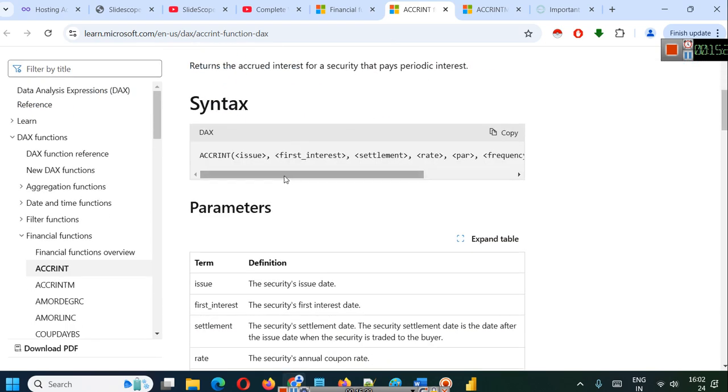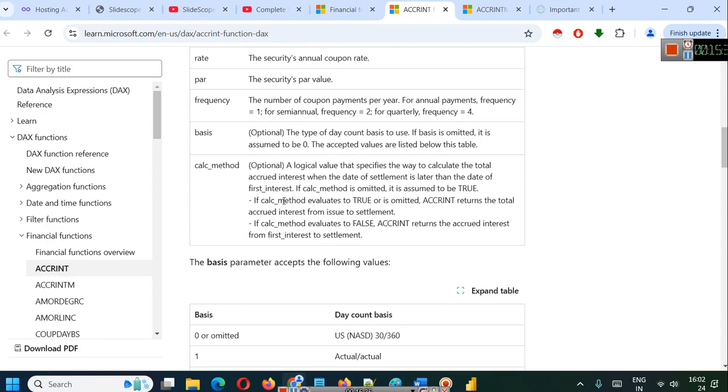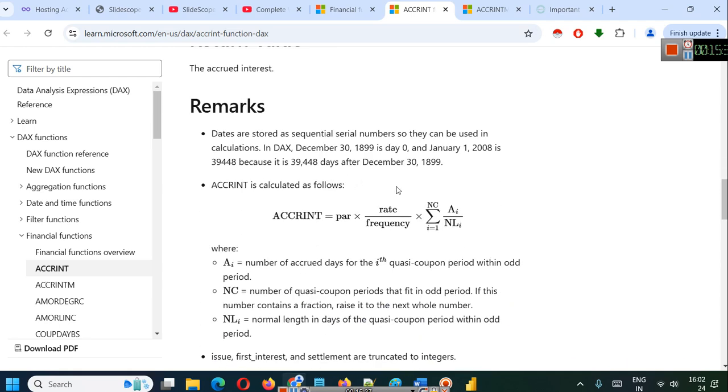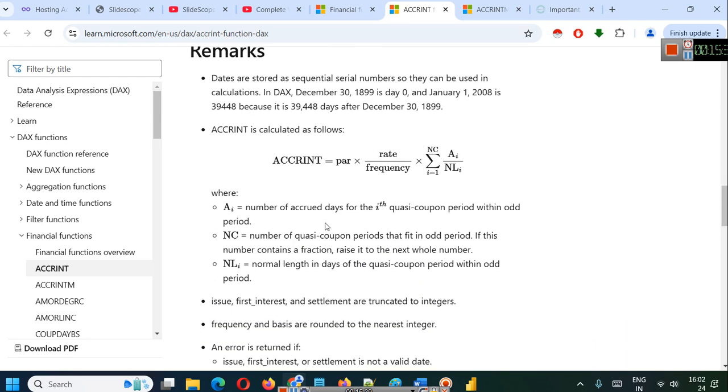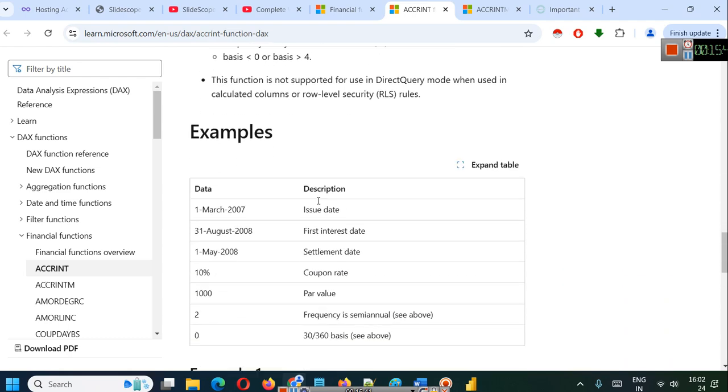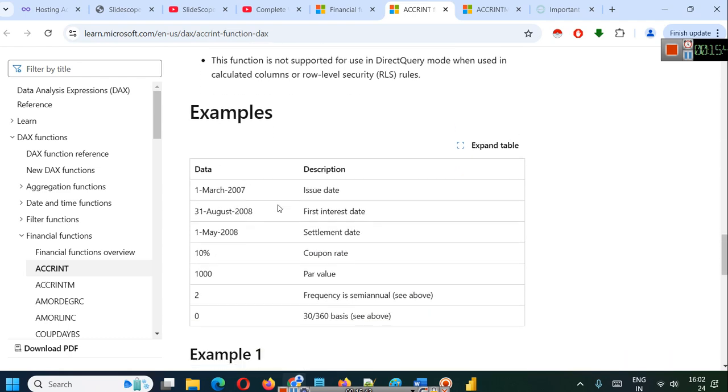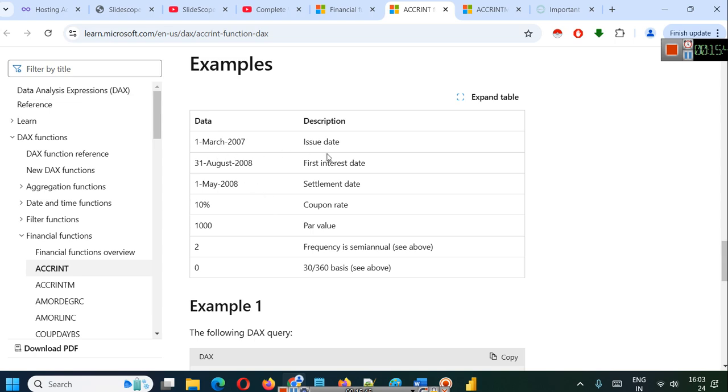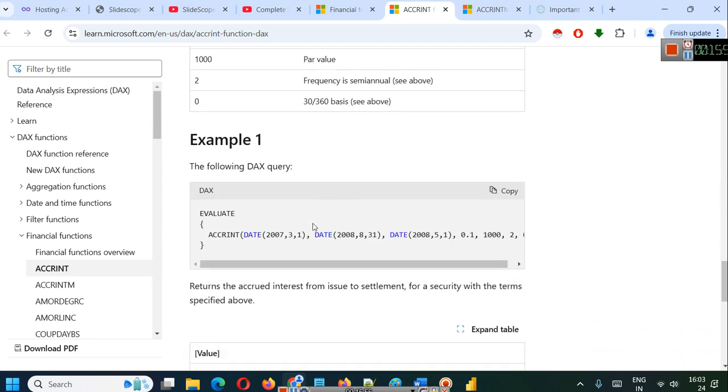And here you will find issue, first interest, settlement, rate, par, frequency. They have given the formula also, and some example like 1st March 2007 is issue date, 31st August 2008 is first interest date, 1 May 2008 is settlement date, 10% is coupon rate, and so on.